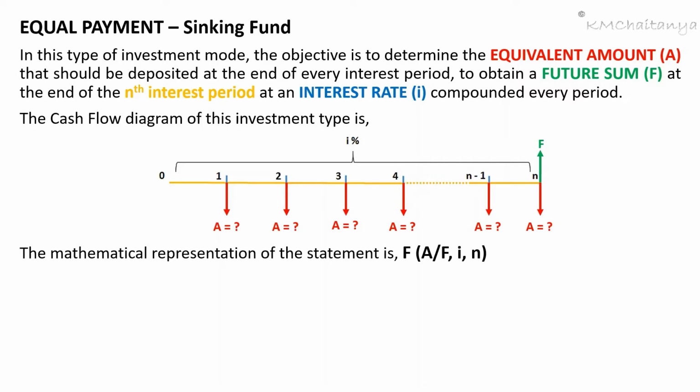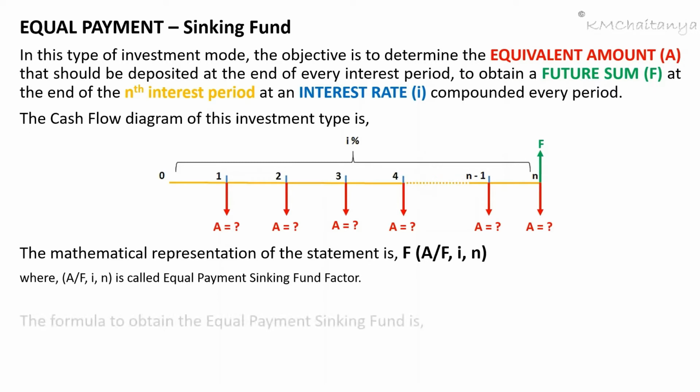The mathematical representation of the statement is, with known value of F and unknown value of A, I interest rate and N interest periods, where the factor A/F is called the equal payment sinking fund factor.